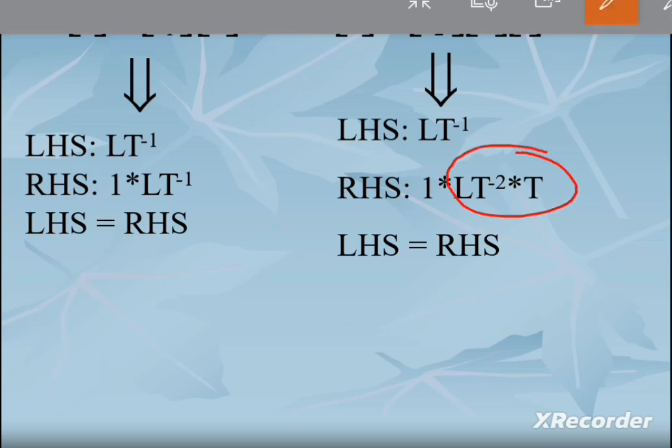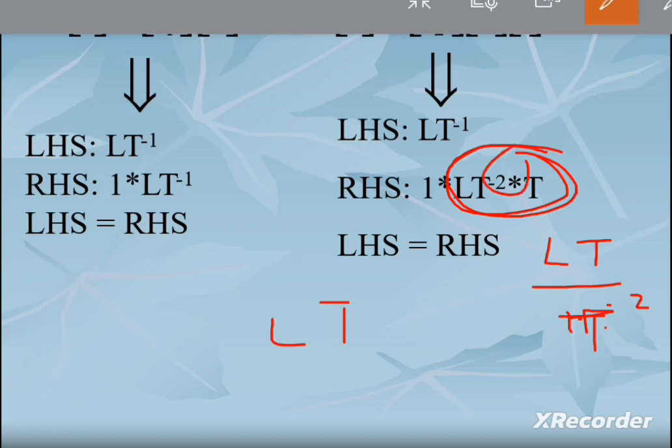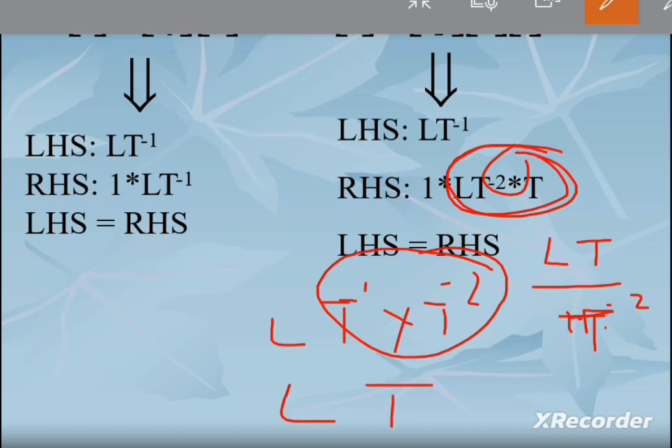When you multiply these, we have LT times T negative 2, which is 1 here. In mathematics we work out the powers, so it's going to be LT negative 1.